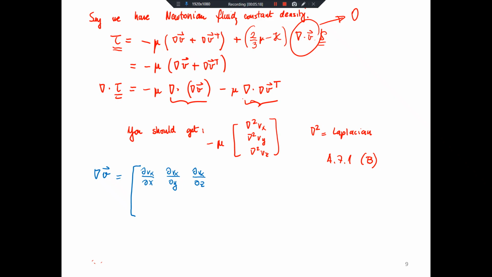So in my first row, I have all of the partial derivatives of vx. And the similar thing happens in the second row, just all of the partial derivatives of vy. And then a similar thing happens in the z row, or third row.